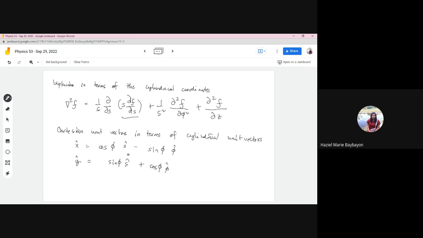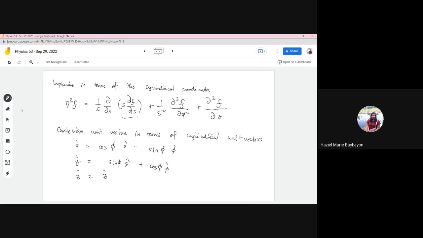So if you have time, you can derive this, class, or I think you had this derivation in your mathematical physics. Just review your notes. And then you have z hat, which is just equal to z hat, of course.